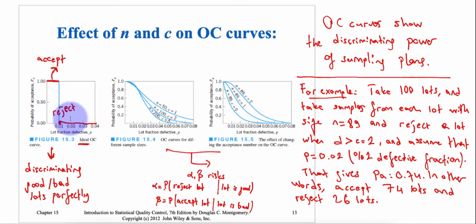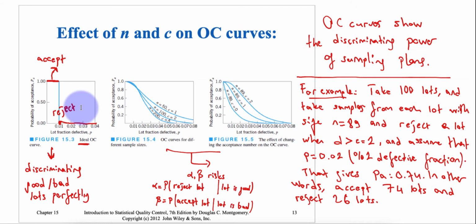But we can try to approximate this ideal OC curve. Why? Because we are trying to increase the discriminative power of the acceptance sampling plan. Why are we trying to increase it? Because we are trying to reduce the errors. It will be more accurate.